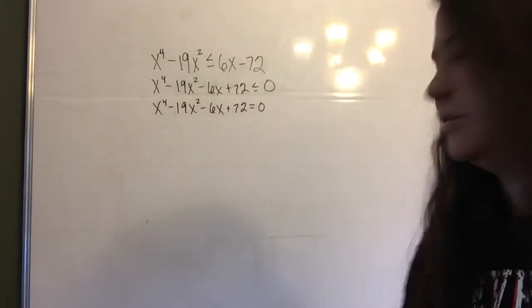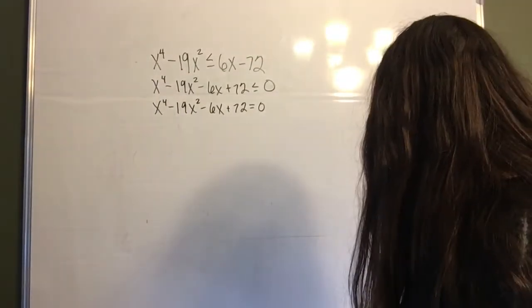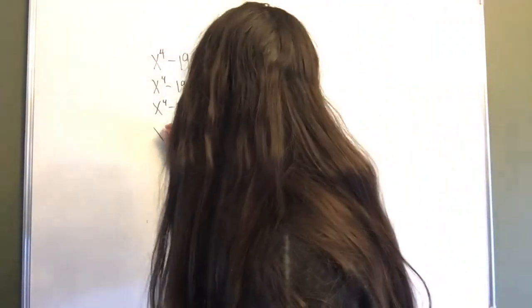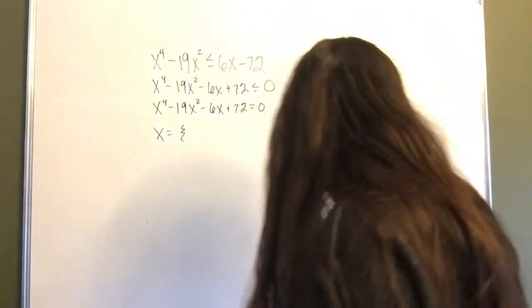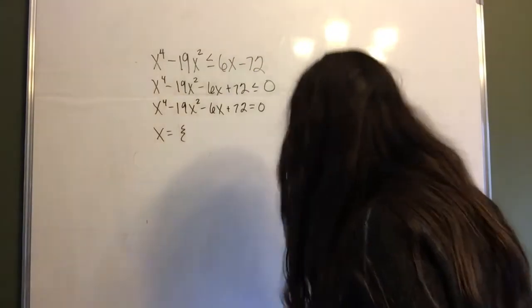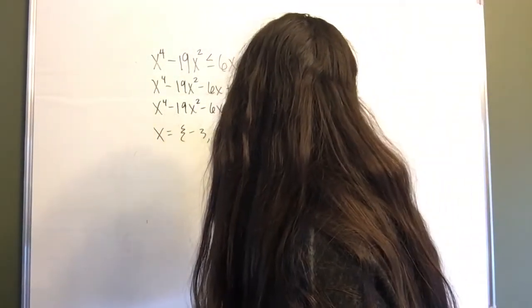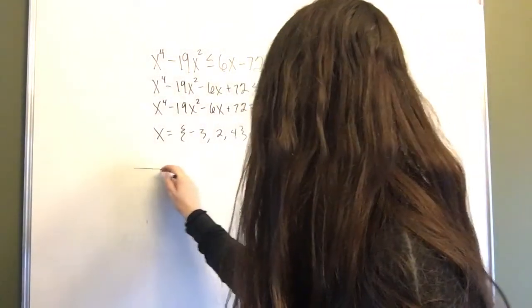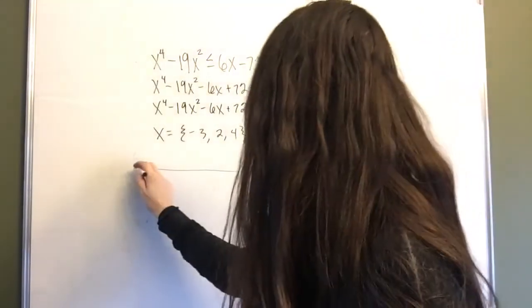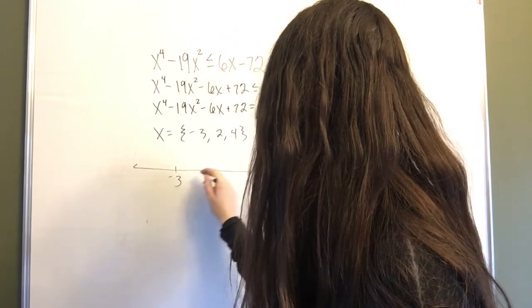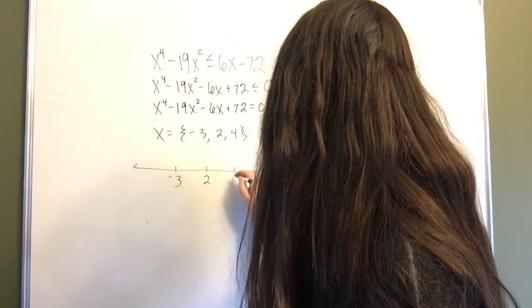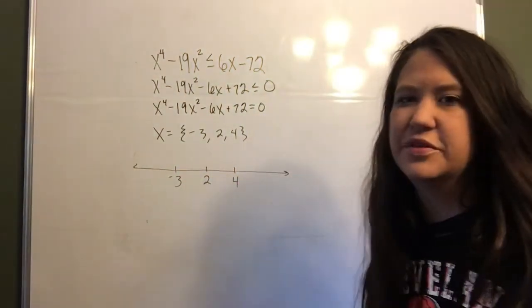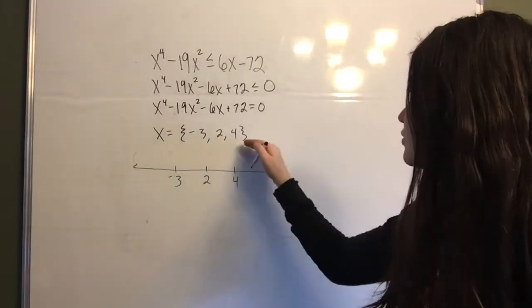So I'm going to write these down. We found x equals -3, +2, and +4. And what we're going to do now is build a sign chart. So build a number line and put these values on it. These are the zeros of the polynomial, right? These are where it equals 0.